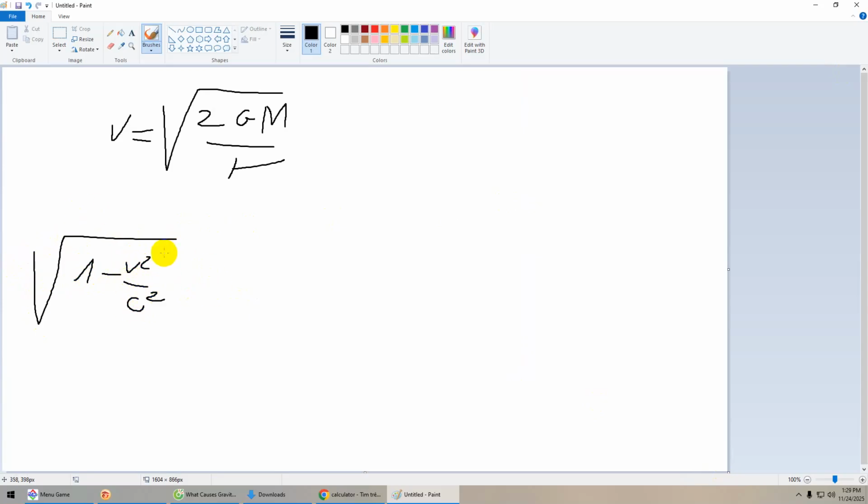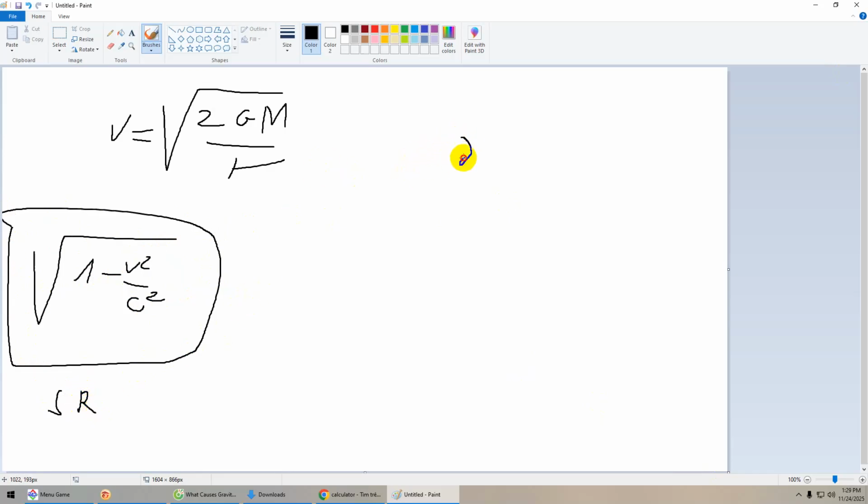This term is very familiar in special relativity because it is the gamma factor. The gamma factor is this term, which appears everywhere in special relativity. You guys probably know this.